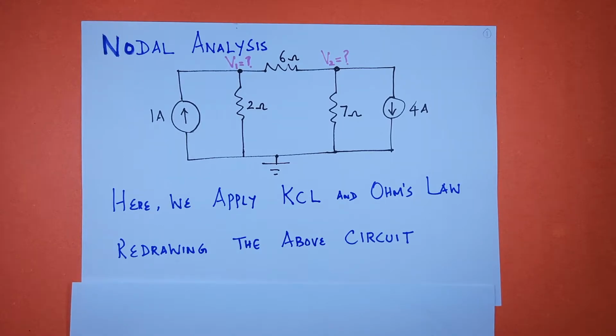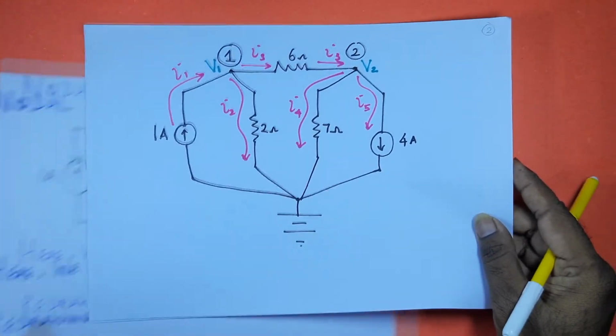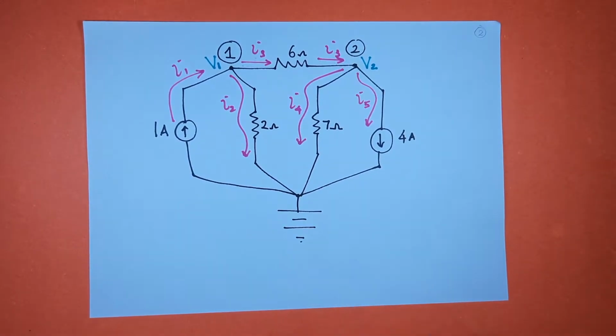As I already told, we are going to apply Kirchhoff's current law and Ohm's law for the analysis. To facilitate the analysis, we will redraw the above circuit. It is the same circuit, just redrawn for our convenience.